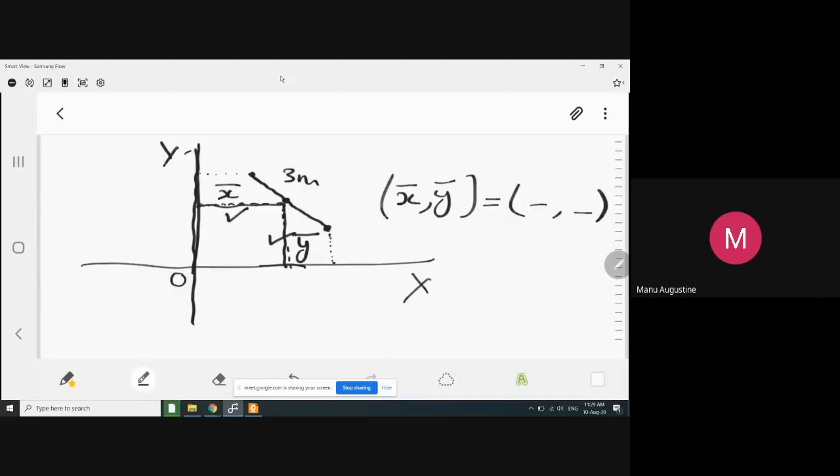Why is it so? Because the distance from y-axis is measured horizontally and therefore it has to be entered as an x quantity. The distance from the x-axis is measured vertically and therefore it has to be entered as a y quantity. So this is the concept of centroid and the distance of any quantity from the axis if it is asked of you.